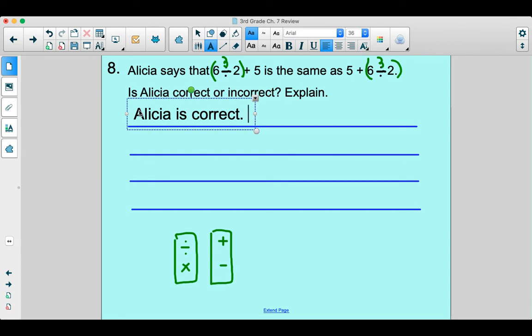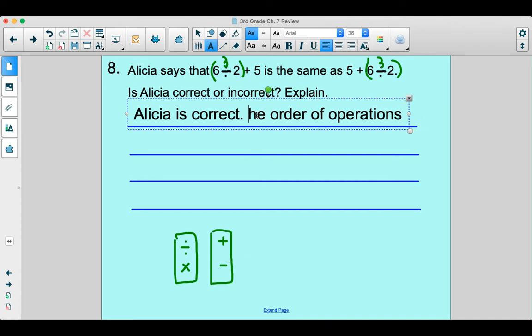Let's see. We should definitely say something about the order of operations, right? Now remember, operations are actually like when you operate on a number. Addition, subtraction, multiplication, and division are all operations. So that's the order of operations.